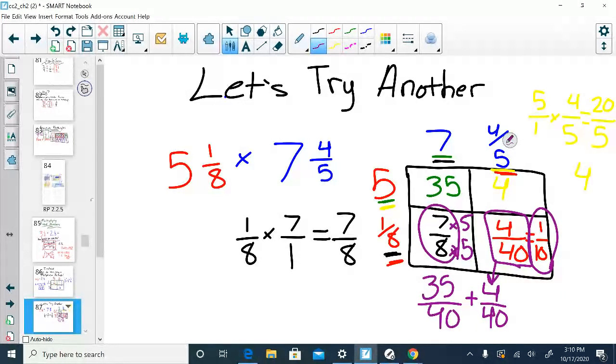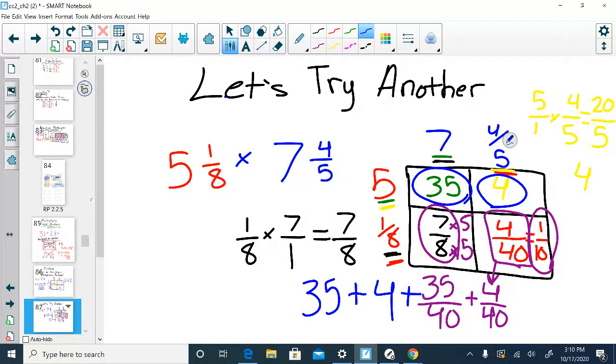And then I have to add my whole numbers still, right? 35 and 4. All right, so amongst my whole numbers, I'm going to have 35 plus 4 equals 39. And then if I add my two fractions here, I'm going to get 39 over 40.